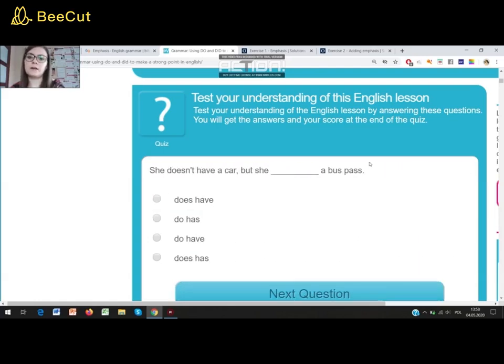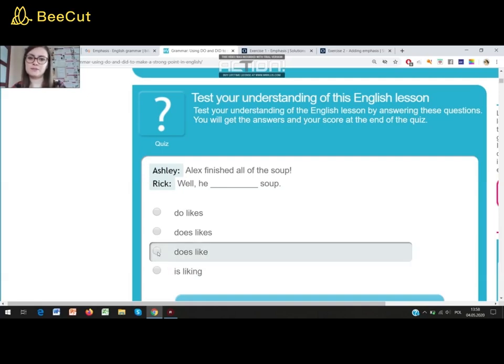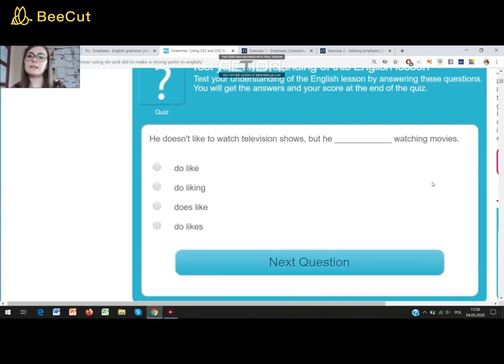She doesn't have a car, but she does have a bus pass, right? The next one, Alex finished all of the soup. Well, he does like soup, right? Next one, he doesn't like to watch television shows, but he, again, does like watching movies.